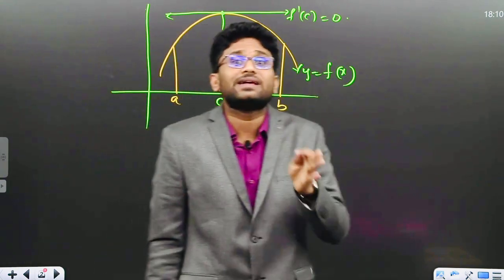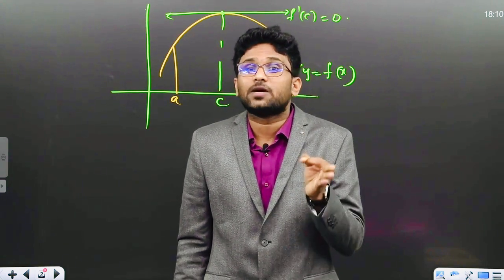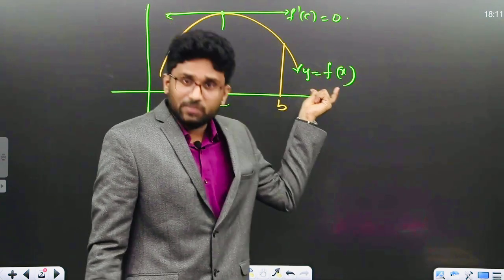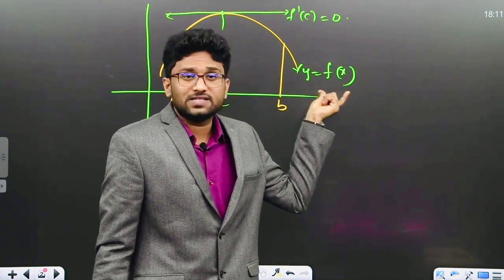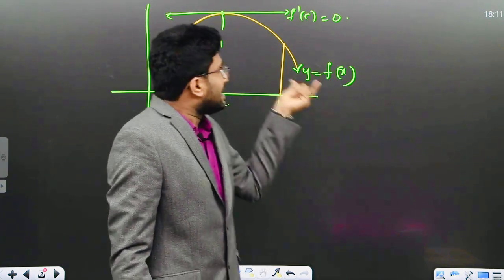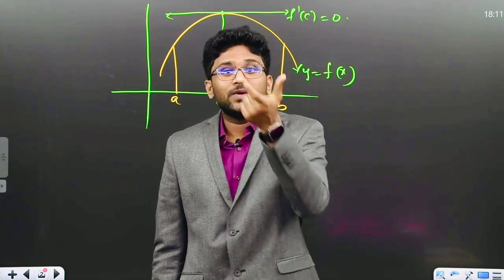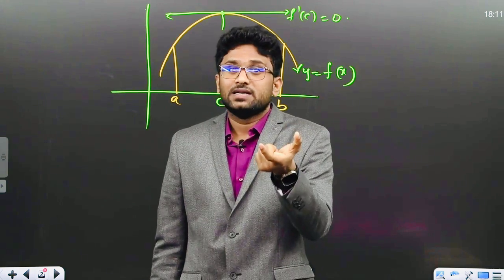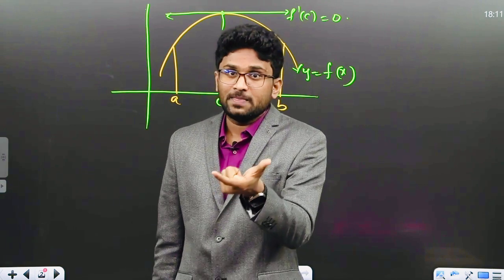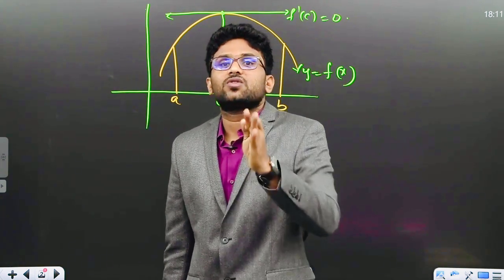That means the geometrical interpretation of Rolle's theorem states that for any curve y is equals to f of x, there exists a point c in between 2 points a comma b, where f of a is equals to f of b, such that f dash c is equals to 0.